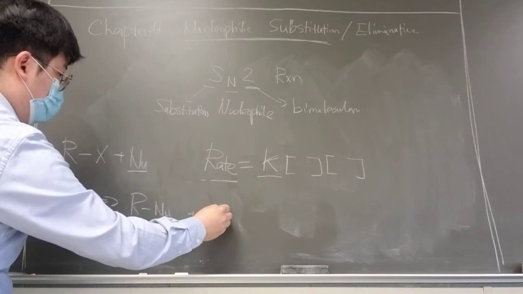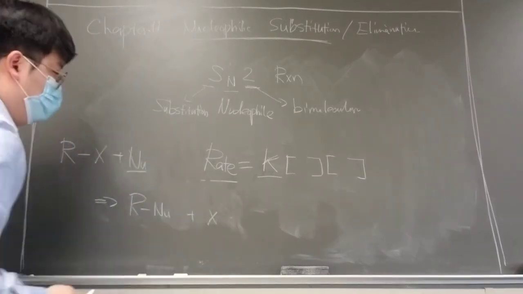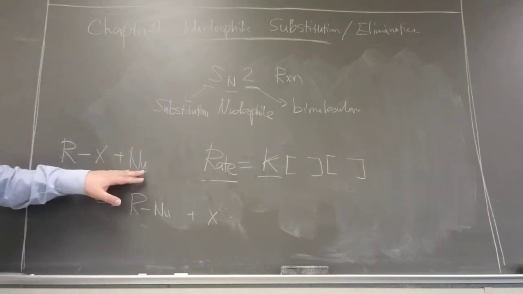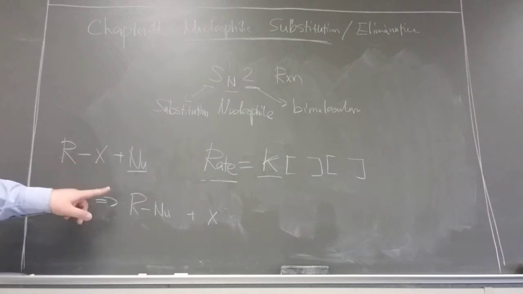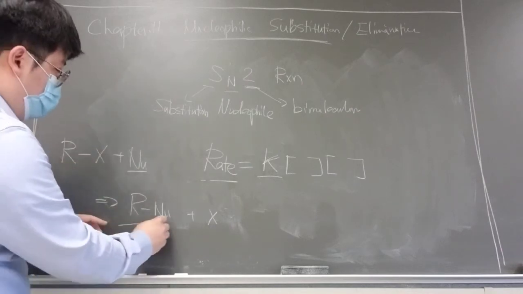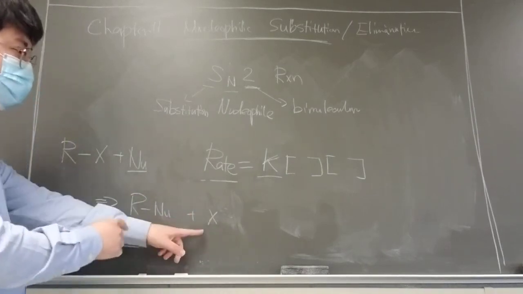Usually they're in the negative form. We'll do this later, but the only thing you really have to know is that the nucleophile comes in and substitutes, replacing the halogen group on the compound, so you get the compound combined with the nucleophile, and X is the halogen here.